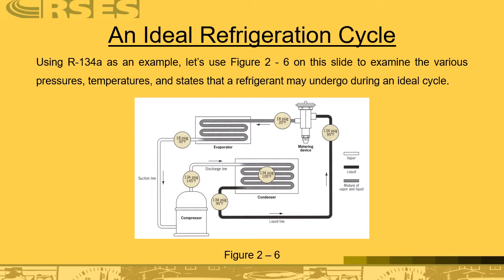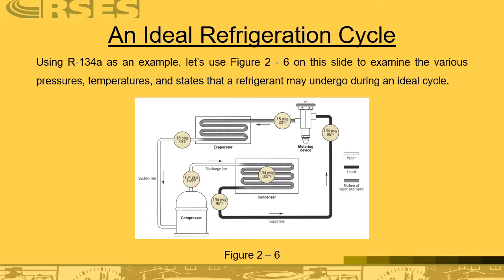The discharge line enters the condenser at 134 psig at 105 degrees design temperature. Then that refrigerant turns into a liquid. Notice that the pressure is still pretty much the same as up here. Well, look what happens to the temperature. It drops to 95. We're back down into a liquid state.